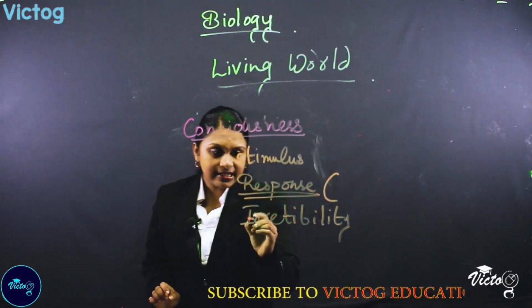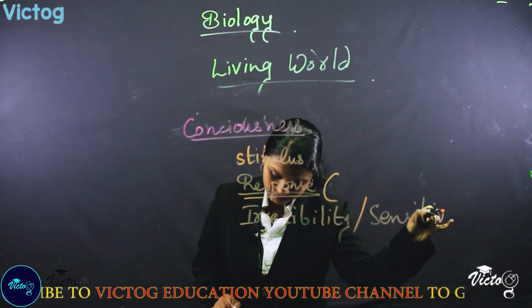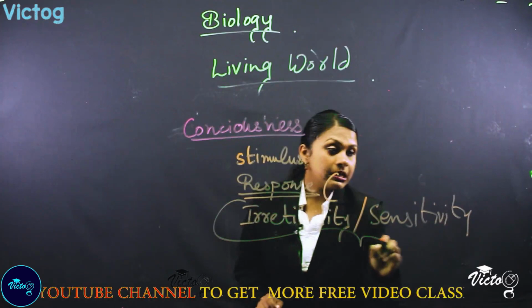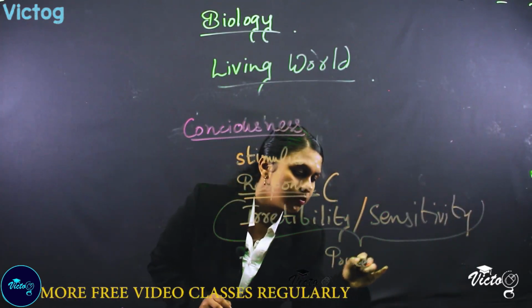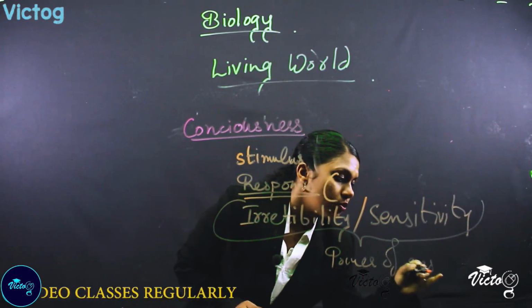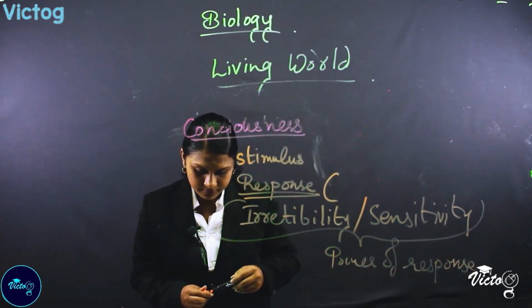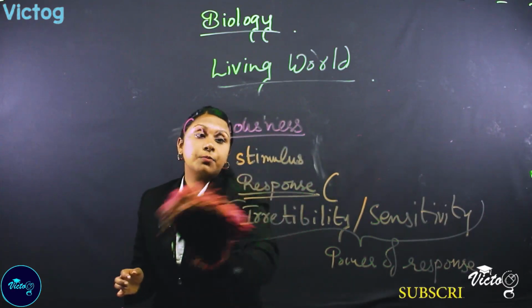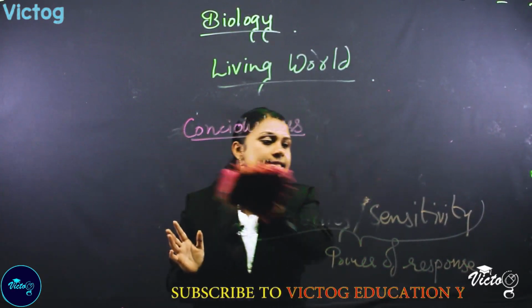And all this is considered as irritability or sensitivity, that is, the power of response. Now the next process, excretion. What is excretion? The process of excreting the metabolic waste out of the body is considered as excretion.